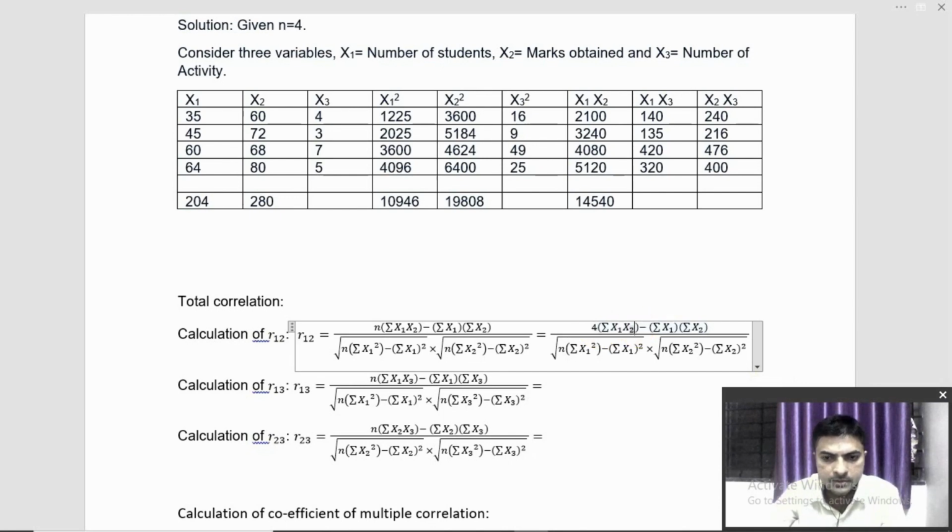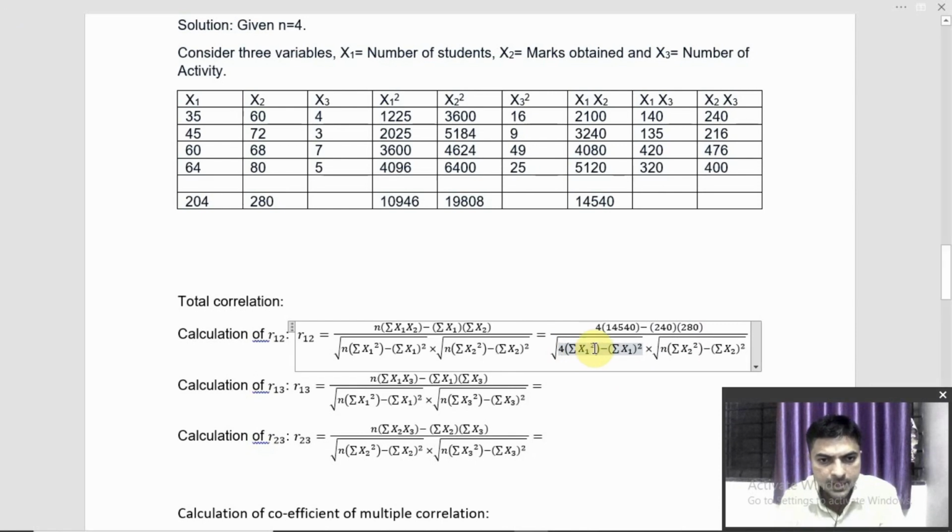Summation of x1 x2, students, 14,540, and summation of x1, it is on the screen. So you take summation of x1 as 240, then summation of x2 we take 280, then here again n we are going to take this as 4.